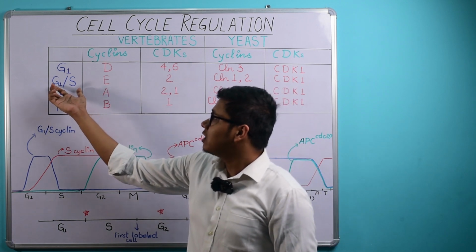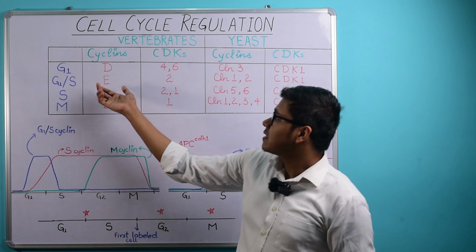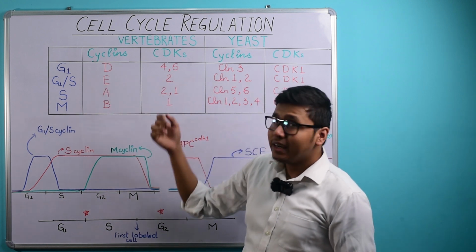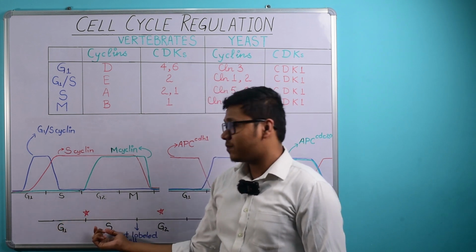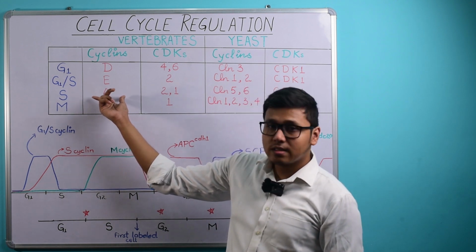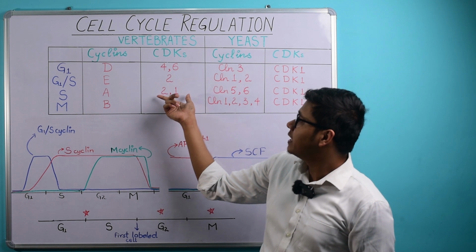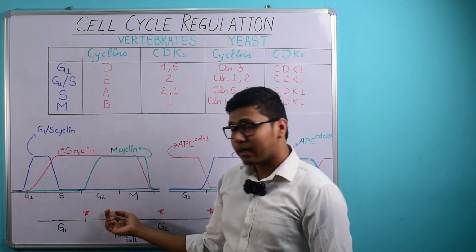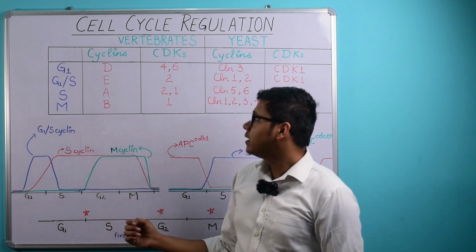The second cyclin, the G1/S cyclin, in vertebrates is cyclin E. It binds to CDK2 and helps the transition from G1 to S phase. The S phase cyclin, which is cyclin A in vertebrates, binds to CDK1 or 2, and helps in the phase transition and also the replication of DNA.